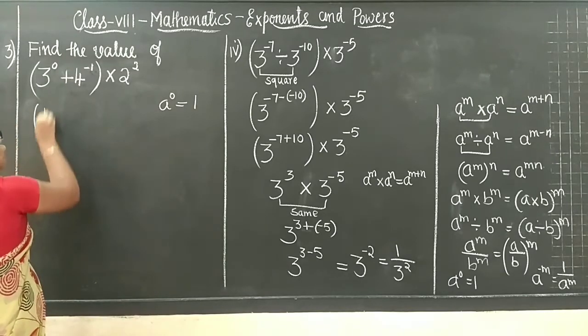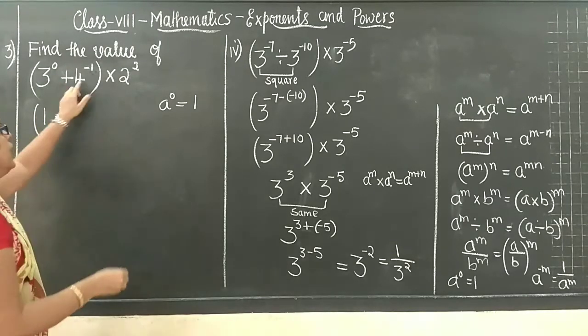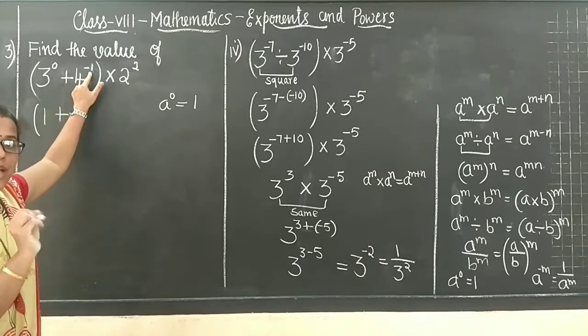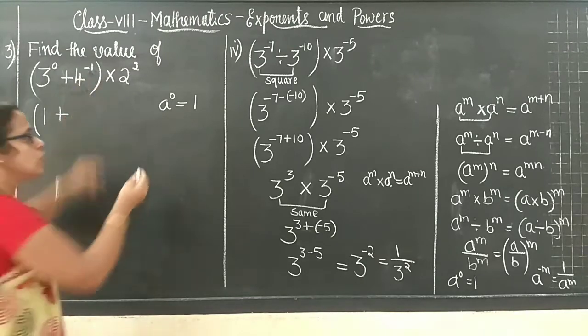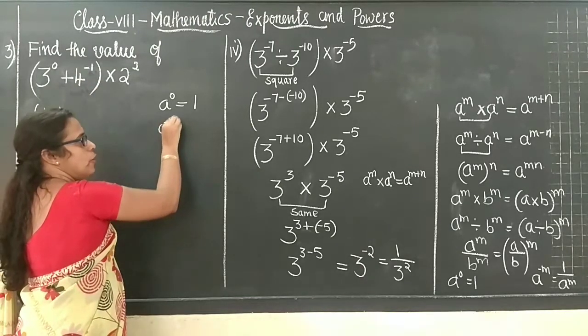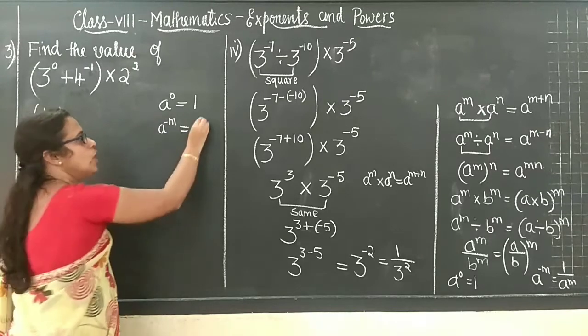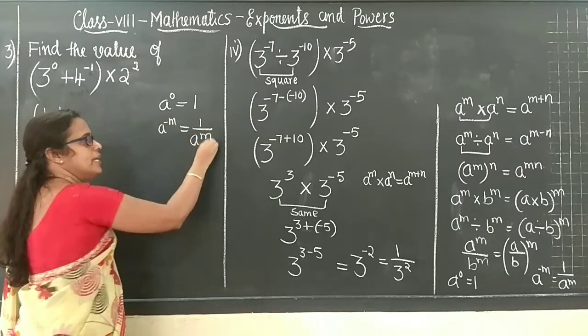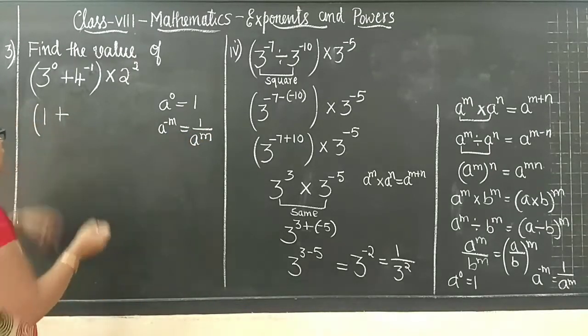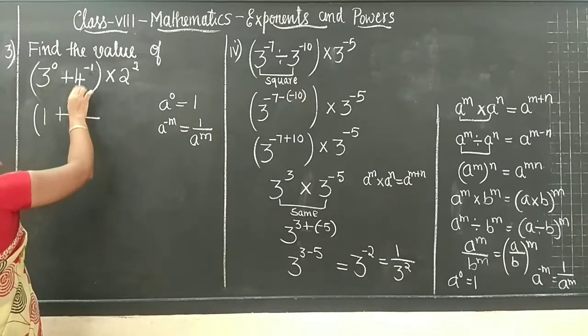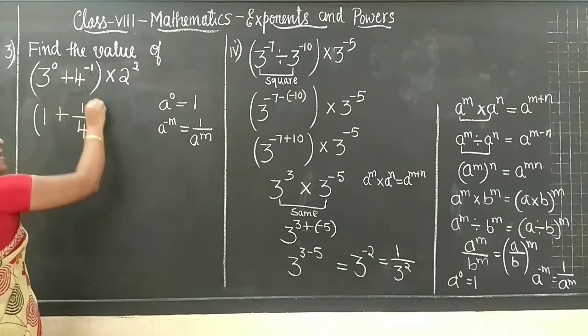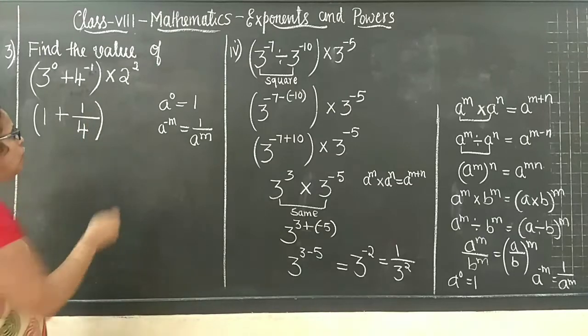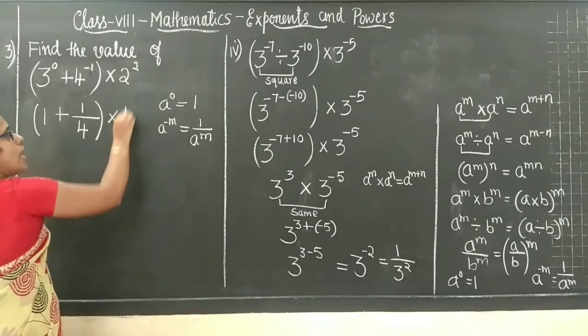That is also 1 plus 4 to the power negative power there means how to do it positive? So that formula is a to the power minus m is equal to 1 by a to the power m. 1 by a to the power m can be written as 1 by 4 to the power minus 1 can be written as 4. Okay, 1 by 4 into 2 2s are 4.